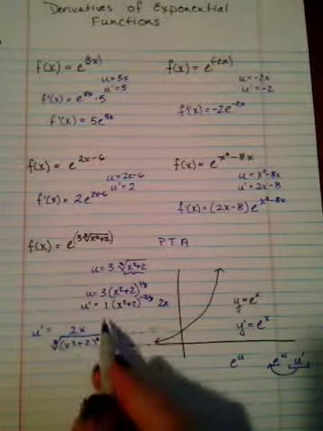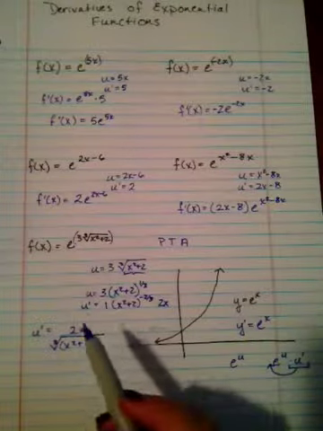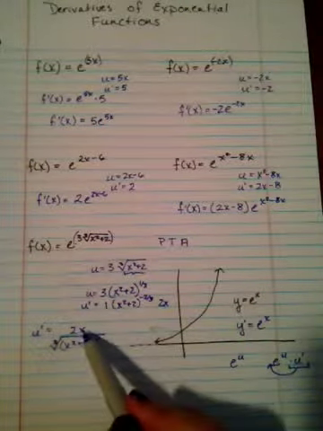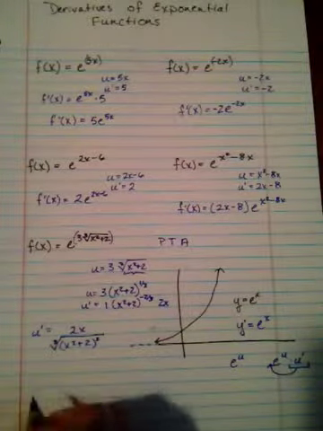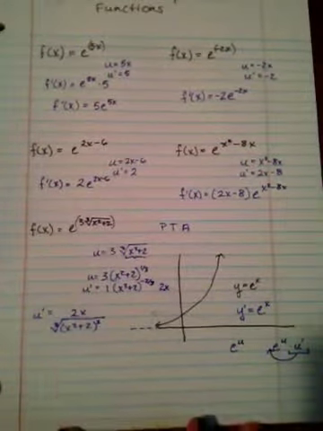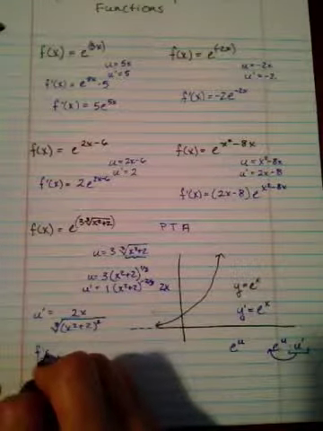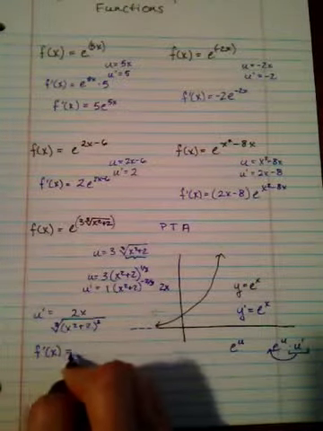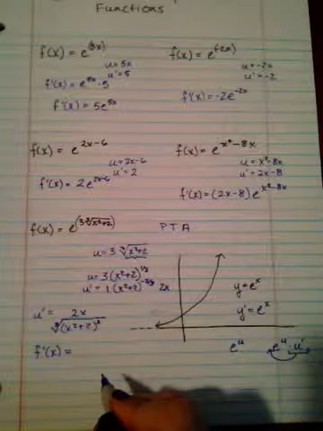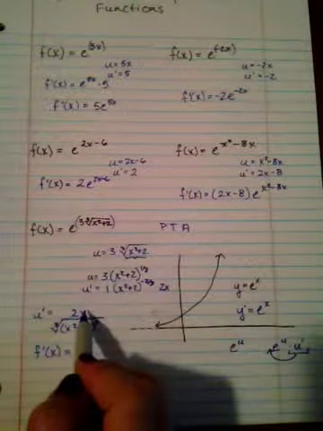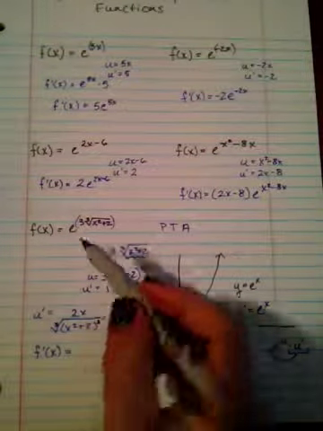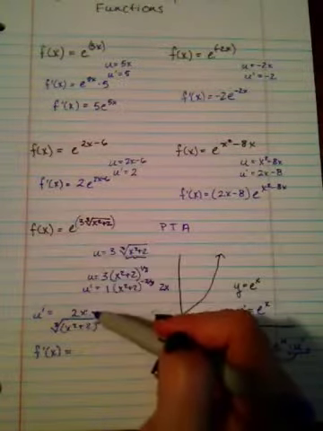So this entire thing is my u prime. And you can see I've dealt with my power, I've dealt with my argument, and then we have our derivative of the transcendental function. I'm going to say f prime of x is equal to e to the u times u prime. So it's this entire function multiplied by this function, which will put my e to the u in the numerator.